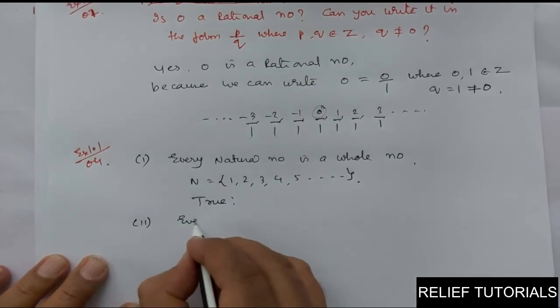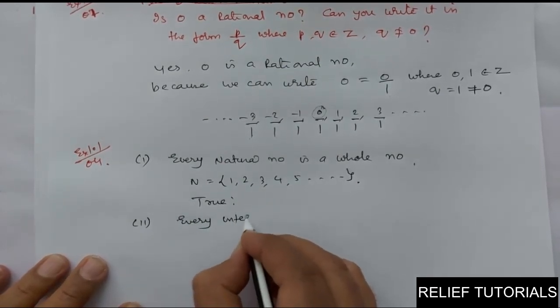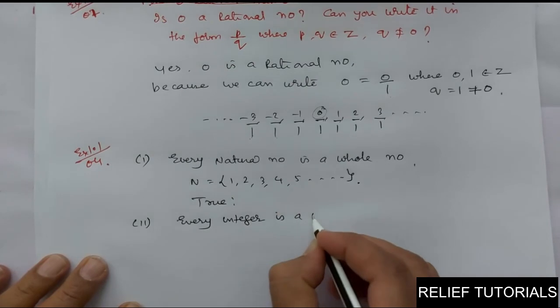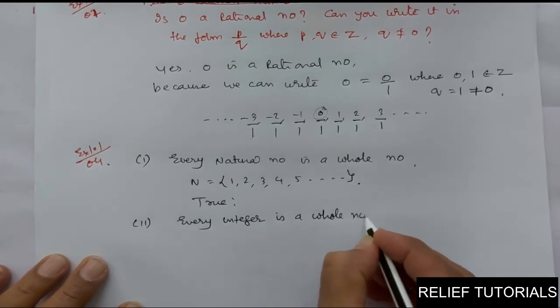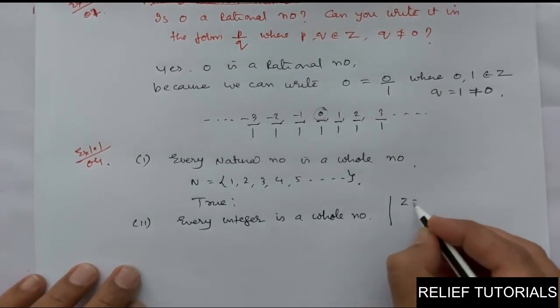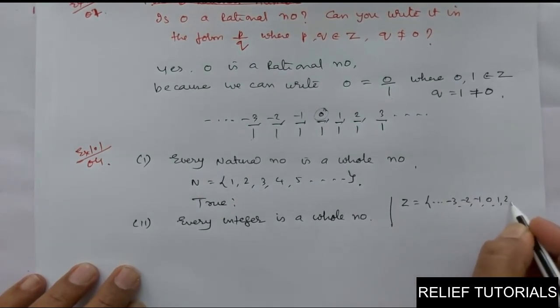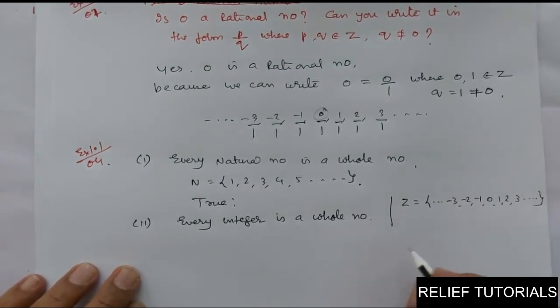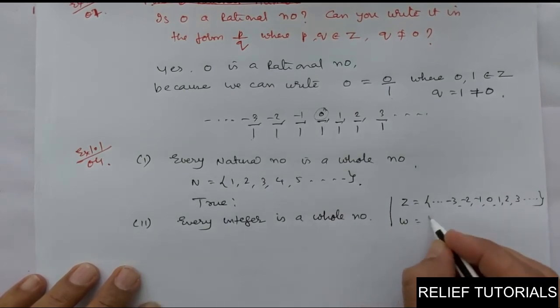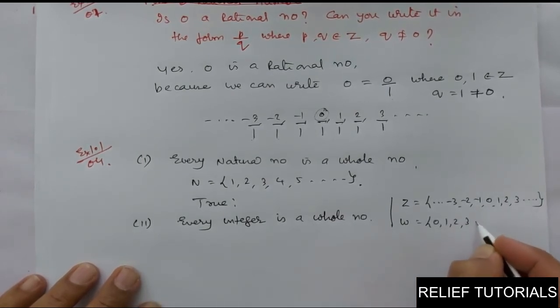Now the second statement is given here. Every integer is a whole number. See, you might know integers Z are dot dot dot minus 3, minus 2, minus 1, 0, 1, 2, 3 dot dot dot. And whole numbers, you know, are 0, 1, 2, 3 dot dot dot.